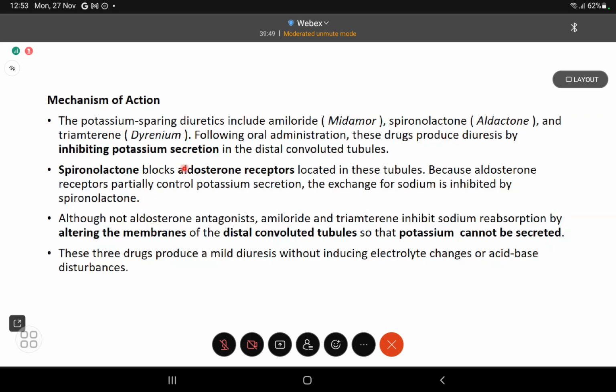Even though spironolactone is blocking aldosterone, sometimes we cannot consider the others as aldosterone antagonists. What I mean is spironolactone has activity against the aldosterone receptor, but amiloride and triamterene might not have this ability to block the aldosterone receptor.